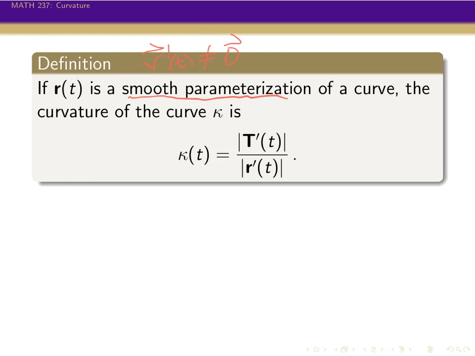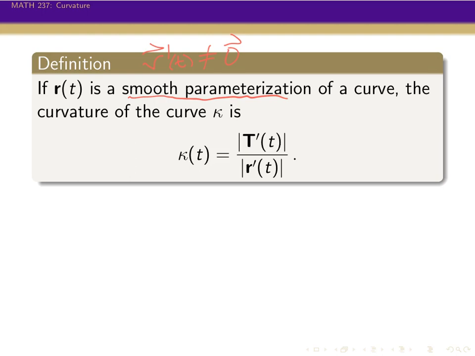Then the curvature of a curve, we'll call it kappa, that's a little Greek letter kappa, is the magnitude of the derivative of the unit tangent vector divided by the speed, the magnitude of velocity. So how should we think about these two things?